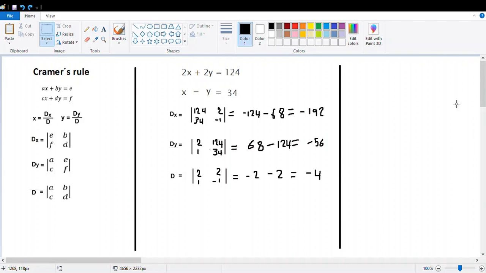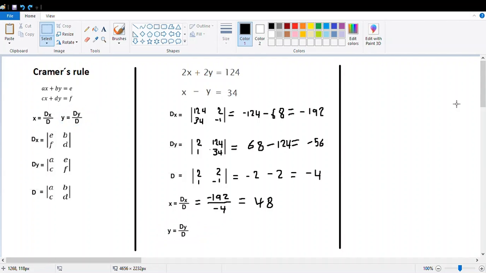Now let's remember what Cramer's rule is. To find x, it is dx divided by d. Let's replace the values. Dx then is going to be -192, and over d, in this case d is -4. That division is +48. Let's remember the second part of Cramer's rule: y equals dy over d.